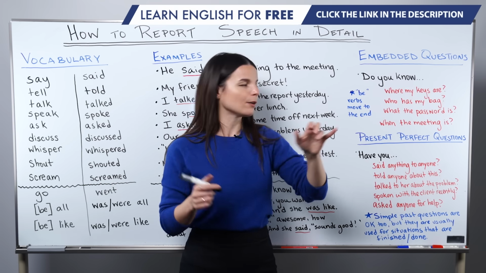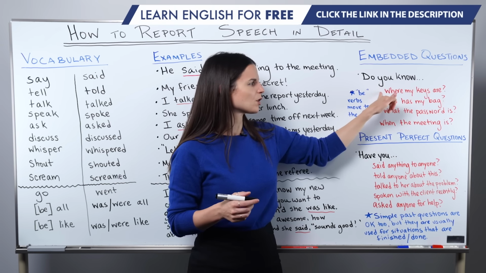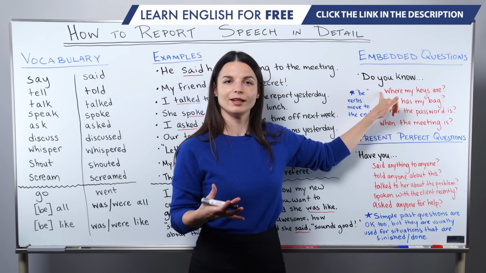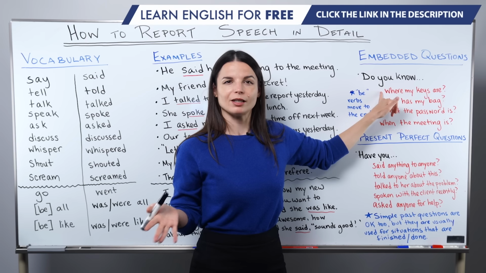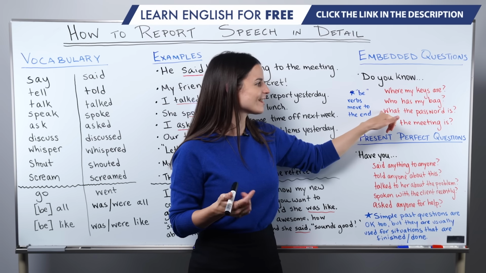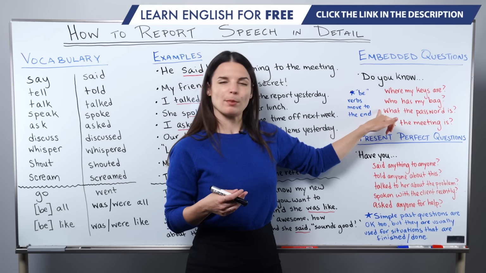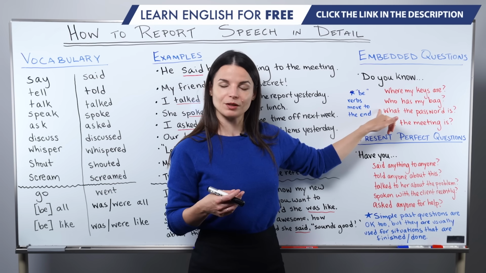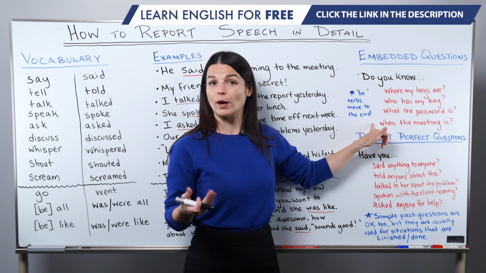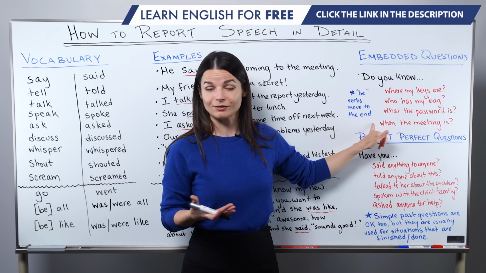Think about these basic questions. "Where my keys are?" Well, that's not a grammatically correct question, right? When you are looking for your keys, you say, where are my keys? Or in this sentence, not "what the password is," but what is the password? That's grammatically correct. In this sentence, when is the meeting? This is grammatically correct, right?